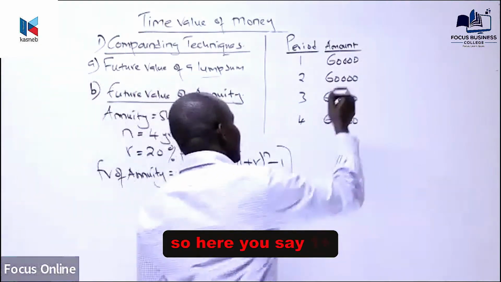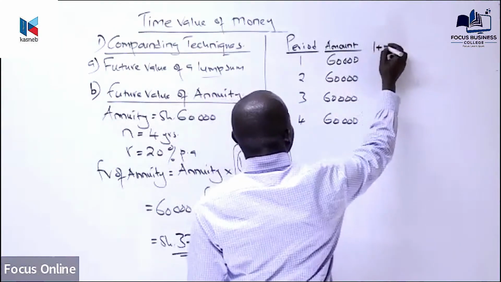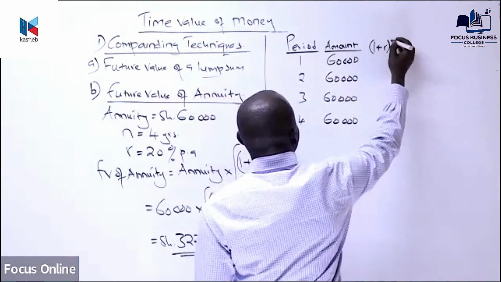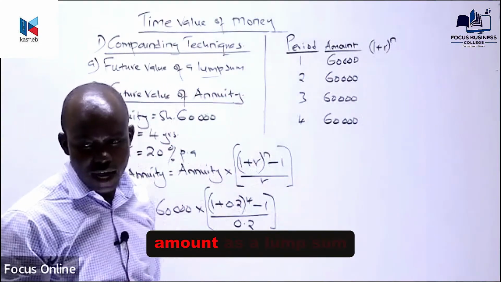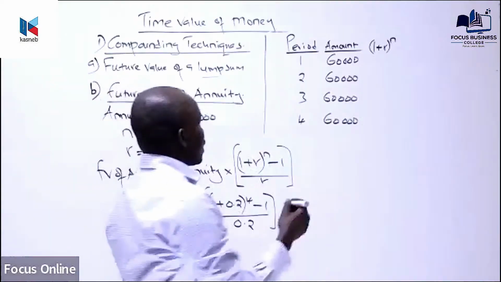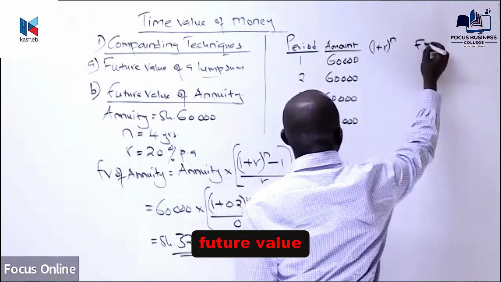So here you say 1 plus r power n. If we want to treat each amount as a lump sum, then here we will have future value.